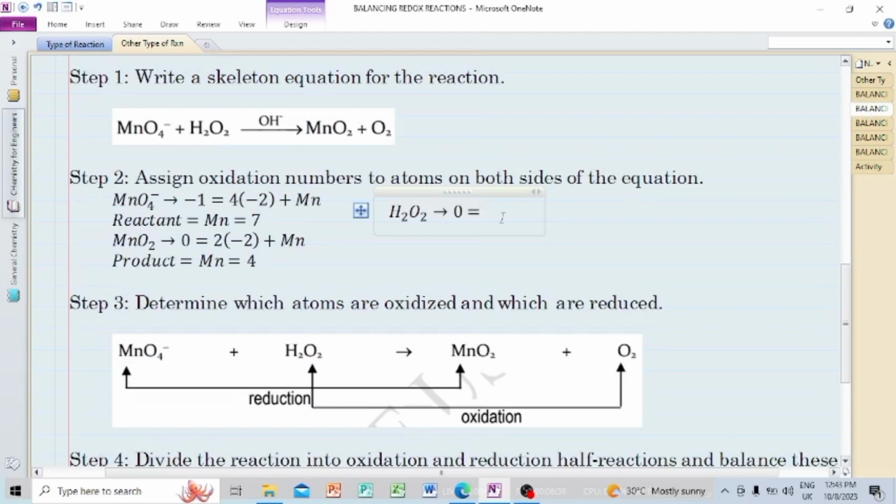So this will be 2 oxygen atoms times negative 1, plus 2 times 1 for hydrogen. So the oxidation number of our oxygen is 2 times negative 1. So, negative 1 for each oxygen on the reactant side.